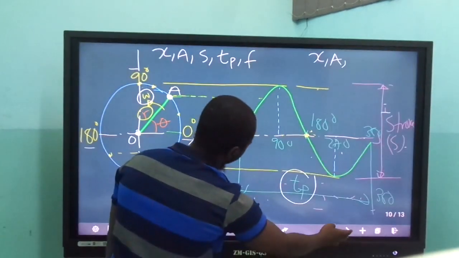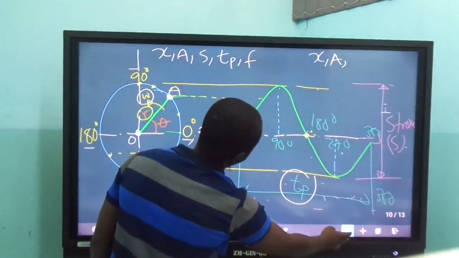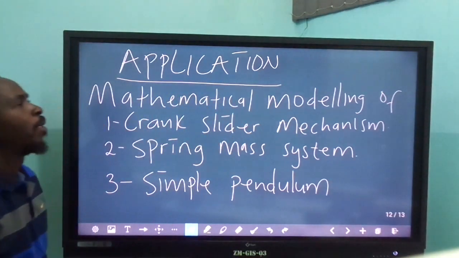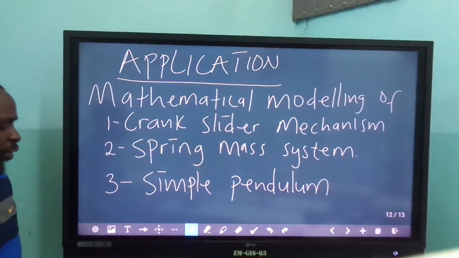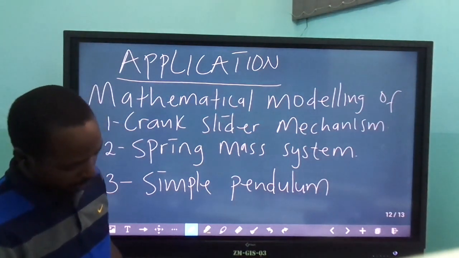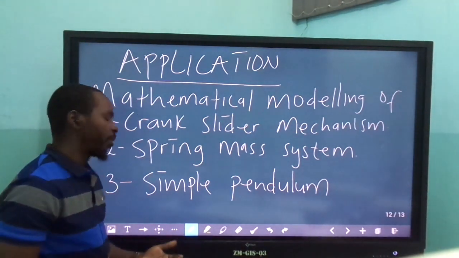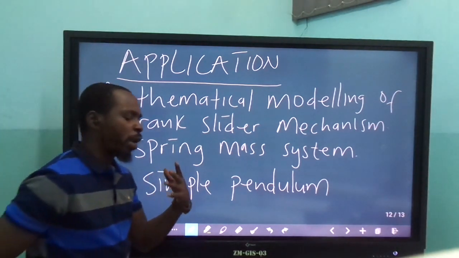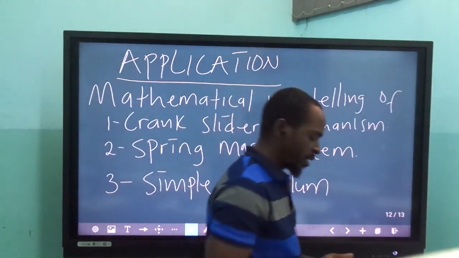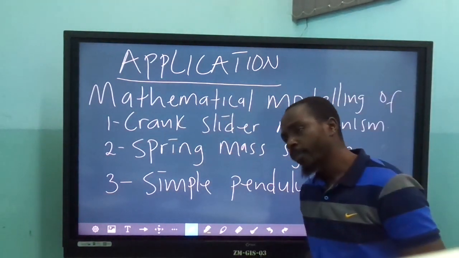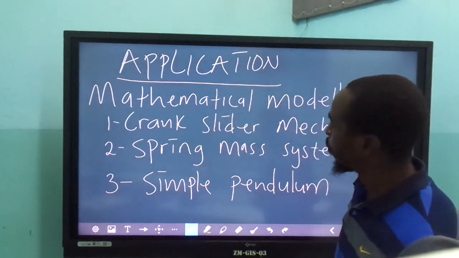So, having defined the terminologies that are used to describe periodic motion, which is the displacement, the amplitude, the stroke, the period, and the frequency, let us consider where we can apply simple harmonic motion.